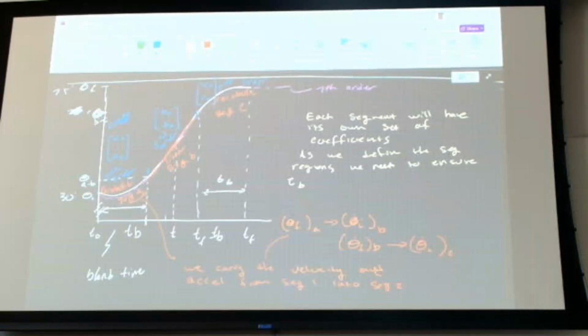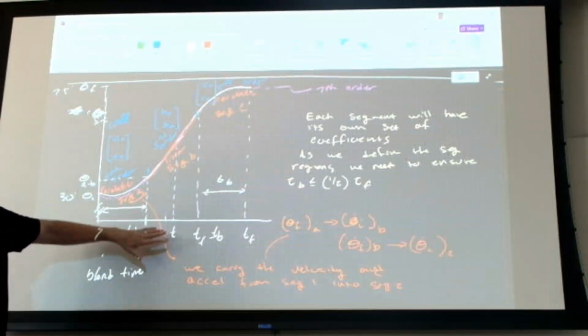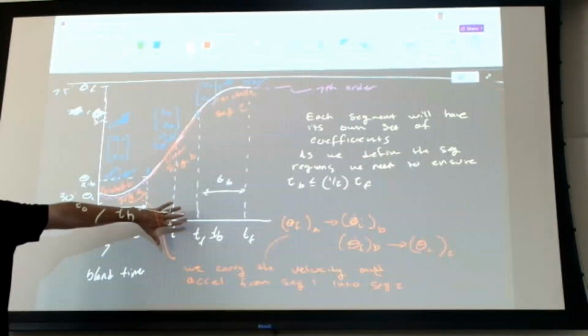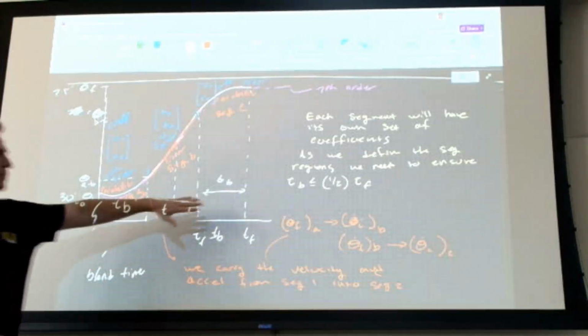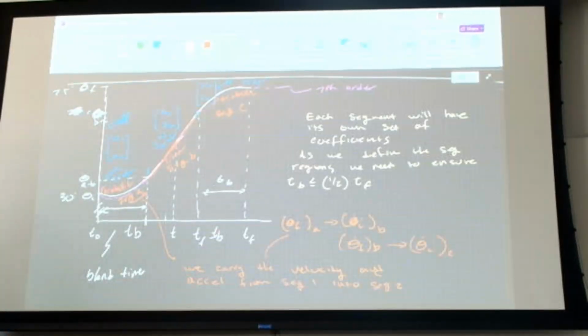So, for example, TB has to be less than or equal to at least 1/2 of our time final. In other words, we can't say that our blend is greater than half of that, so we run out of time space. Okay, does that make sense? So the idea here is TB has to be at most half of TF. It can't be greater than half of TF.